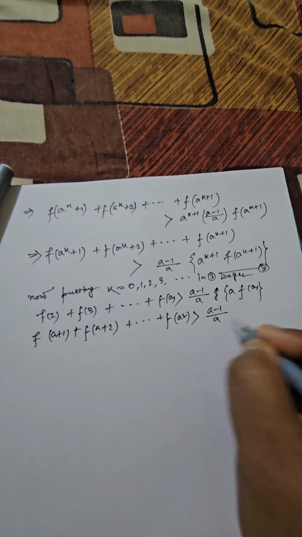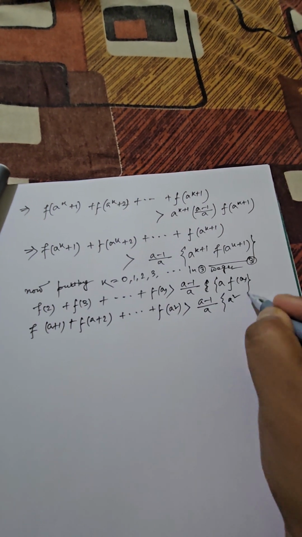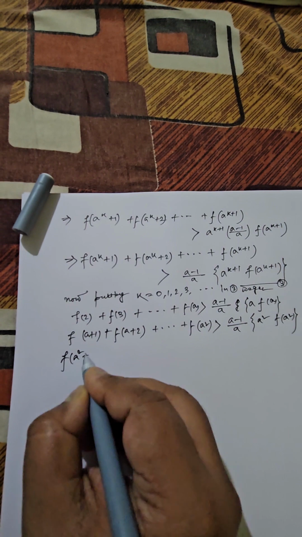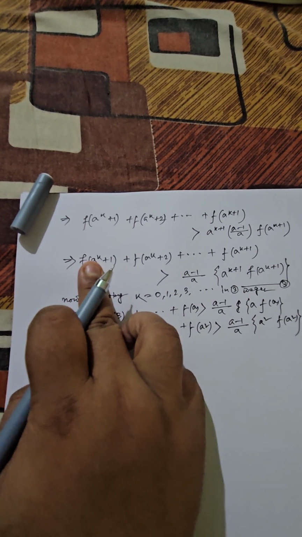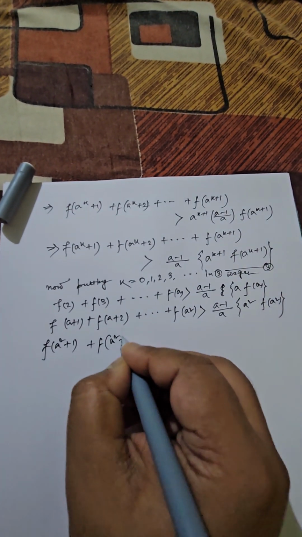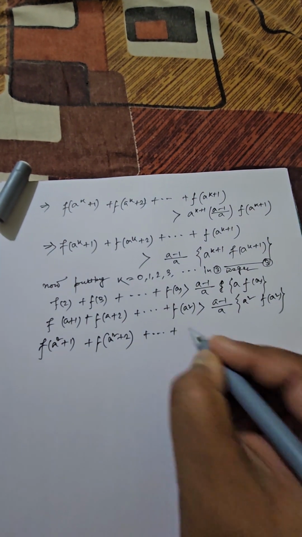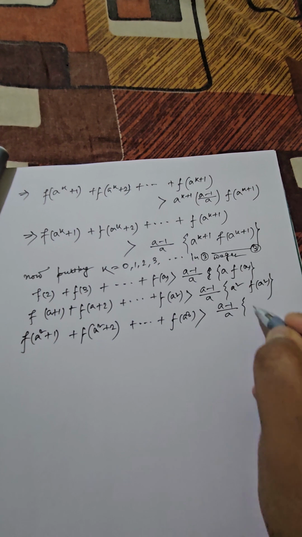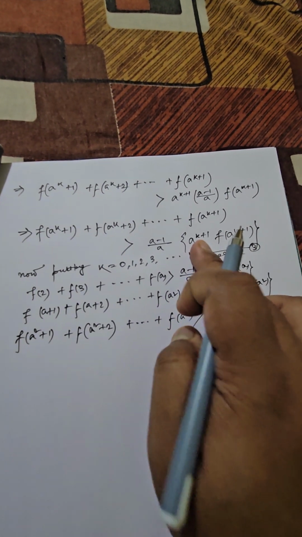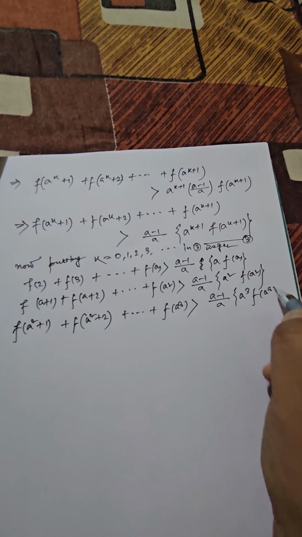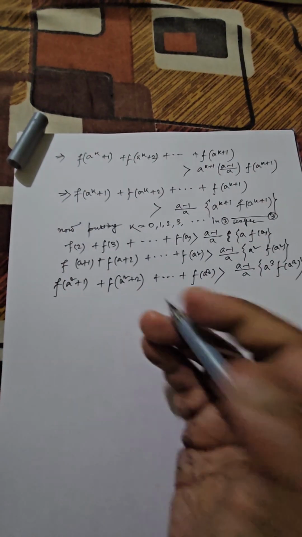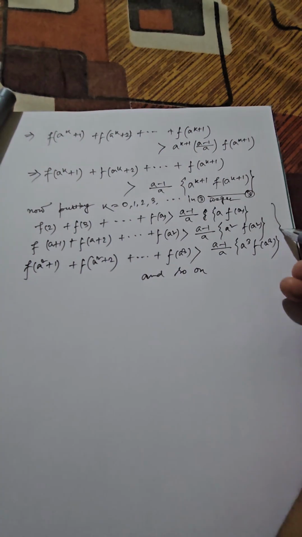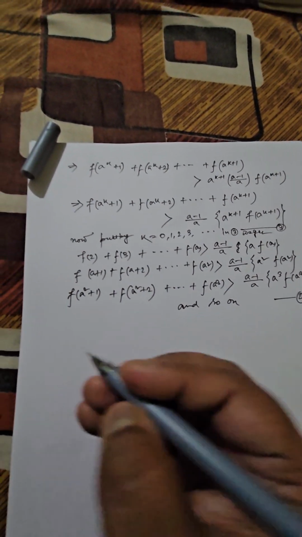On the right hand side you will get a square f of a square. Then f of a square plus 1, putting k equals 2, f of a square plus 2 plus dot dot dot f of a cube, and then a minus 1 by a, k equals 2 means a cube, f of a cube, and so on. Say this entire expression is equation number 4.